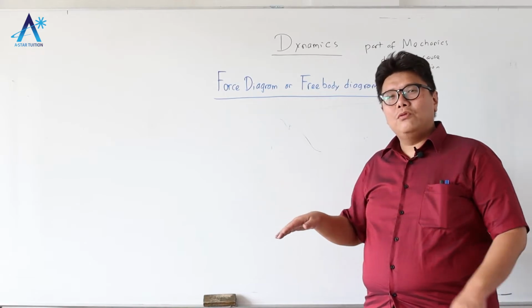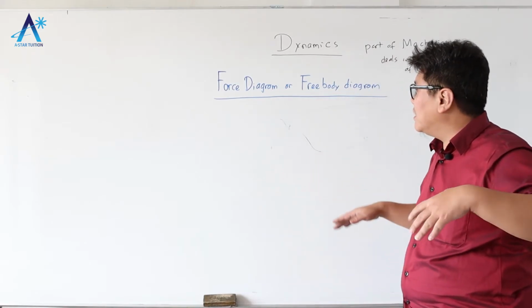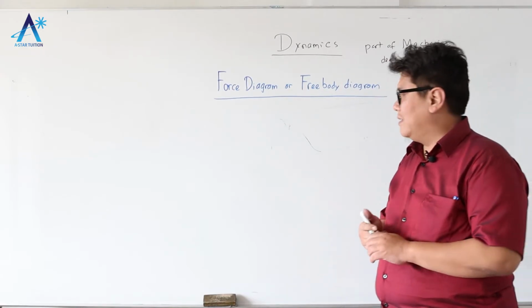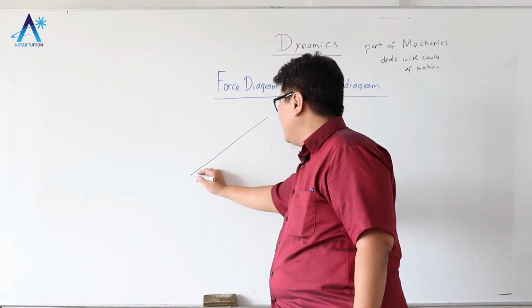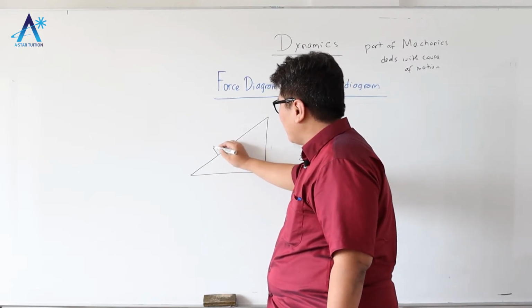Now, in addition to dealing with situations on a flat level surface, we sometimes deal a lot with an inclined plane. So you have an inclined plane or ramp like this, and an object is put on top of it.